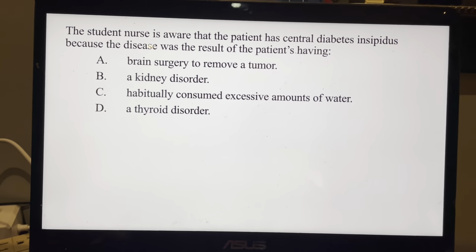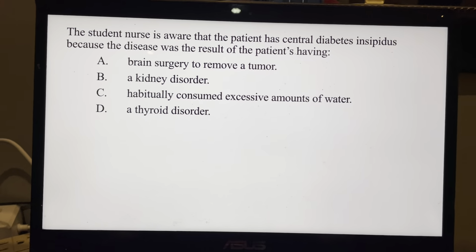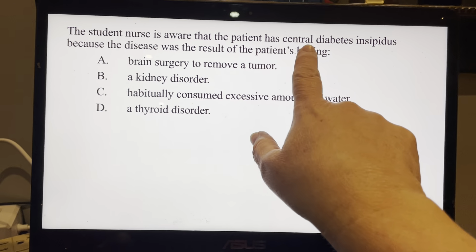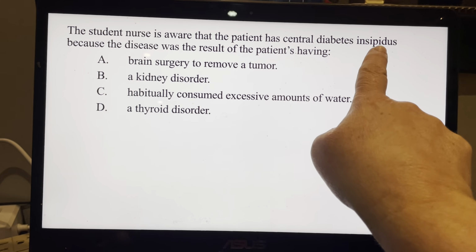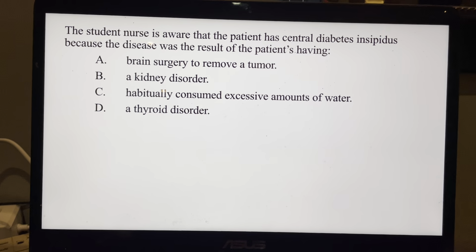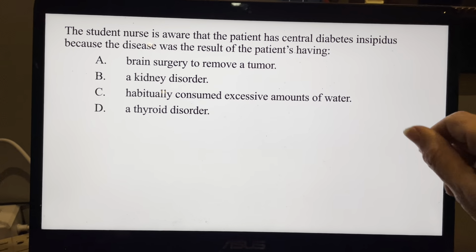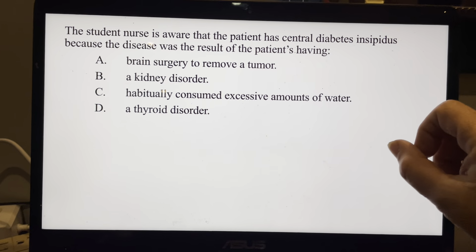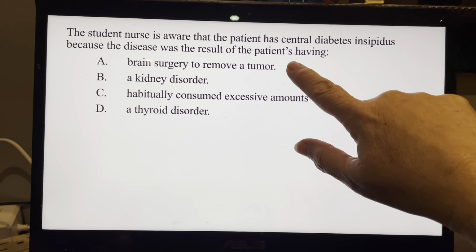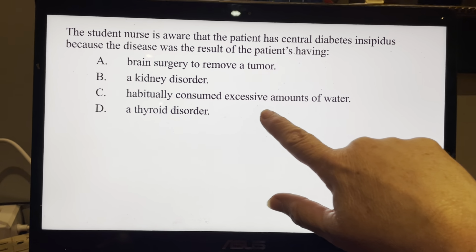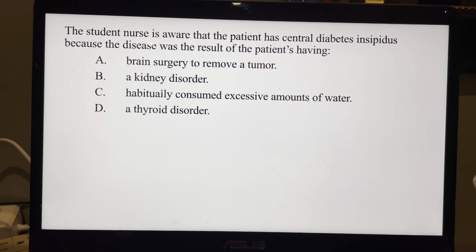That would suck. Okay. The student nurse is aware that the patient has central diabetes insipidus because the disease was the result of the patient having what? Brain surgery or removal of a tumor, a kidney disorder, habitually consuming excessive amounts of water, or a thyroid disorder.